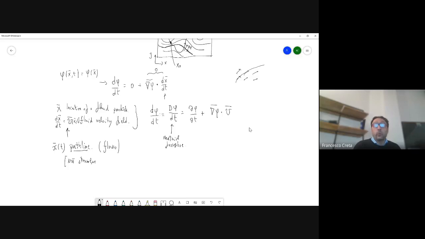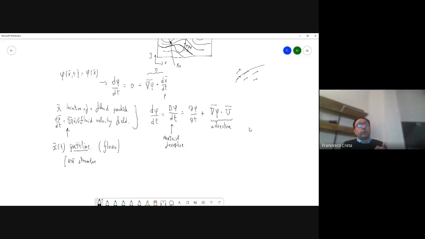So again, when we are talking about a material derivative, this part of the variation has to do with a process which we can loosely call advection. Okay? So it exists because we're moving at velocity v, and we are essentially cutting isolines. So we are going through gradients of the scalar field.